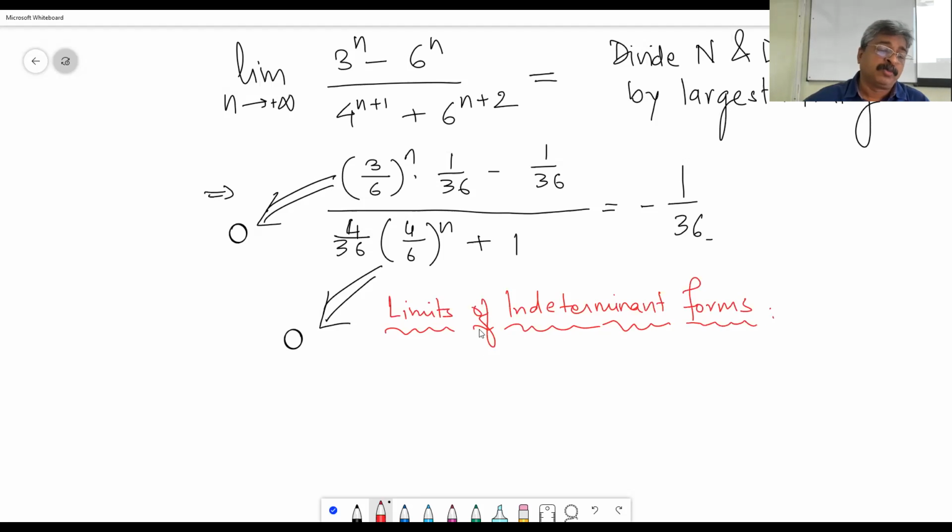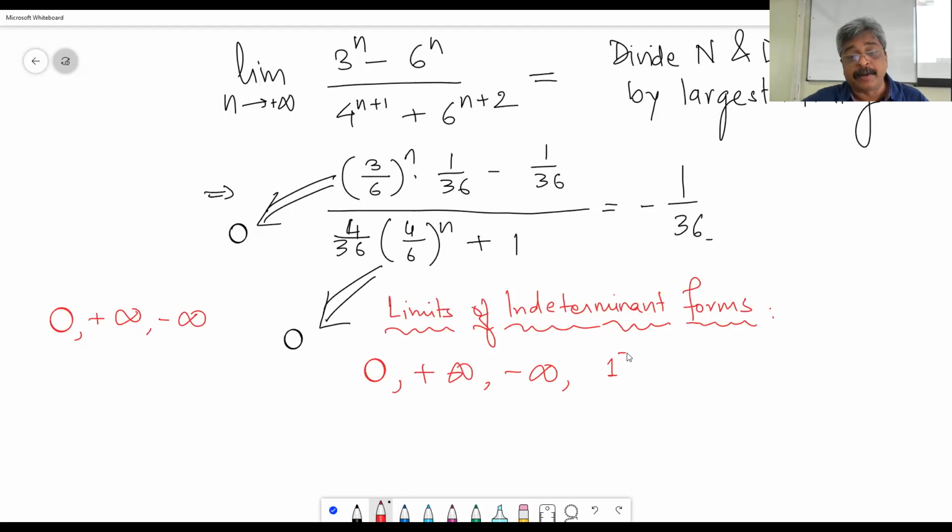Now, indeterminate forms we have seen, 0 upon 0, we really do not know how to go about it. Like that, combinations of 0, plus infinity, minus infinity, maybe 1 to the power plus or minus infinity. So different combinations of these will produce indeterminate forms.